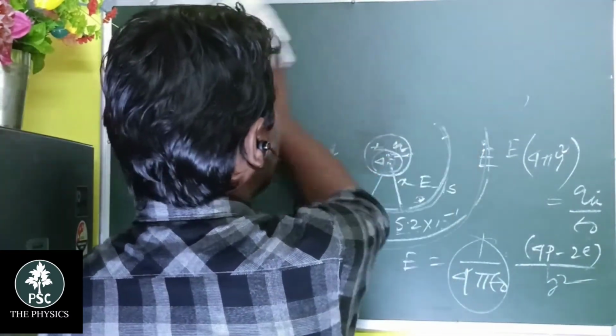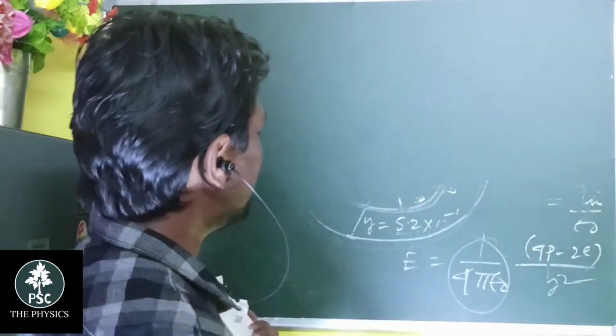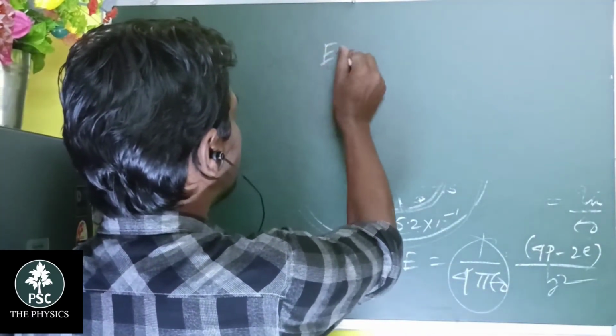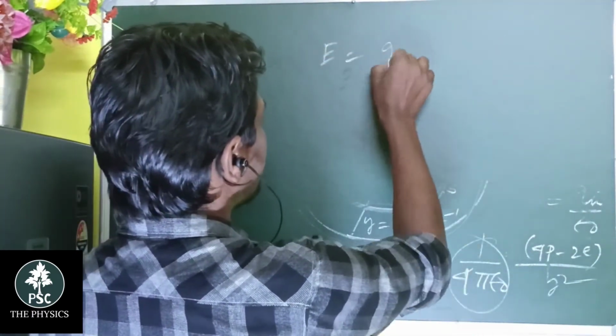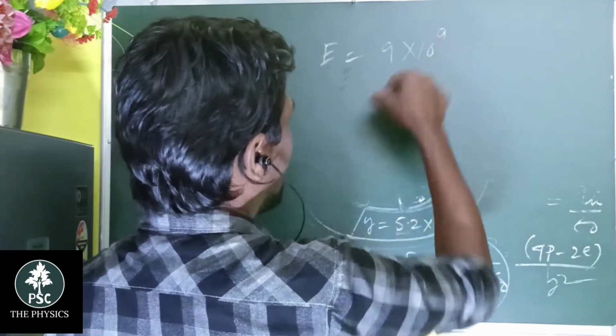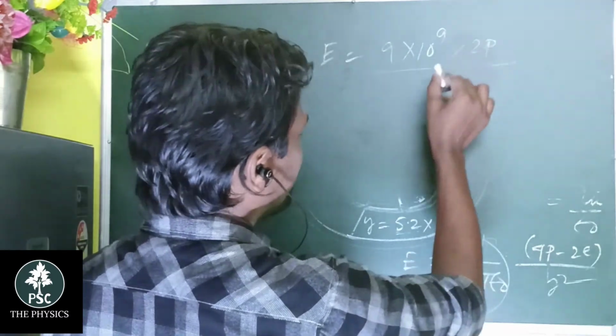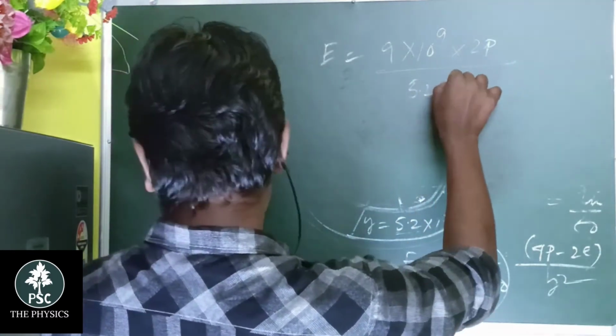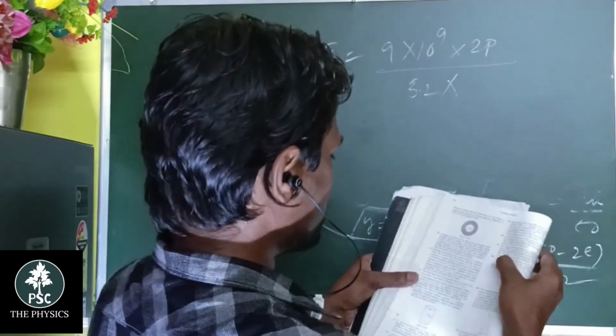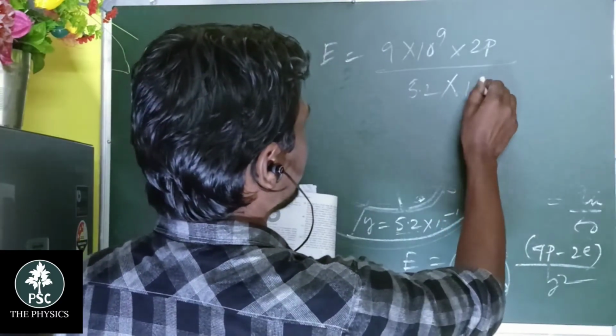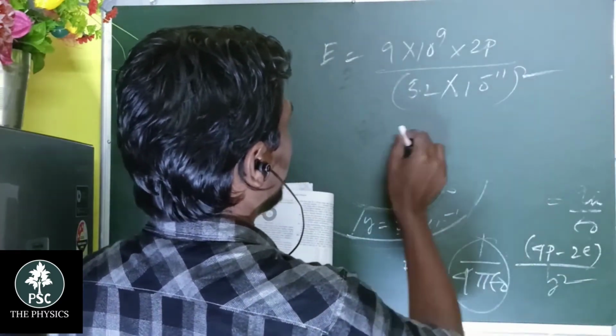so the next part is the electric field. This equals 1 by 4 pi epsilon naught, that is 9 into 10 to the power 9, and this is 2p by y square, that is 5.2 into 10 to the power minus 11, and this is squared.